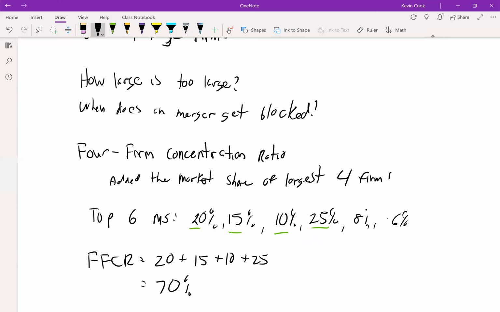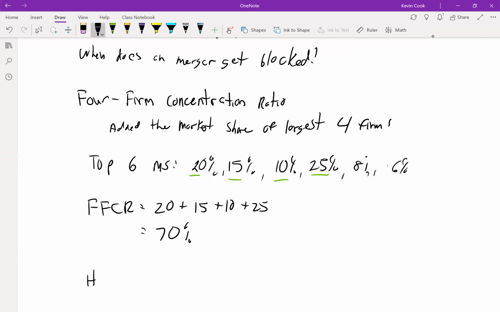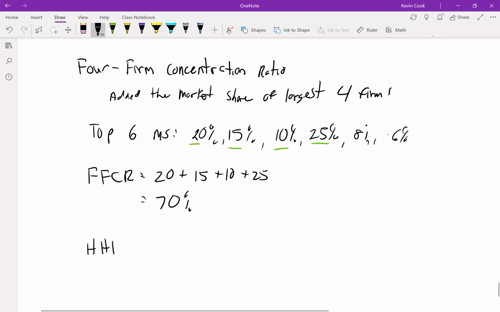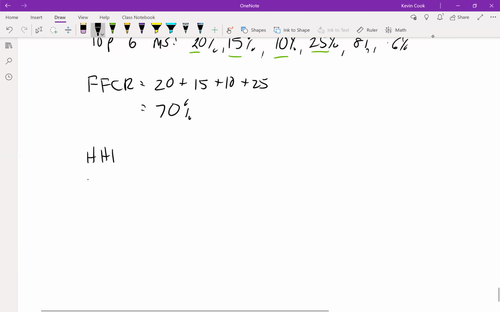So the other case we can look at is what's called the HHI, which is also called the Herfindahl-Hirschman Index. So with this, what we do is we'll find our firms. So we'll have a firm, and they'll have a market share. And then we'll take their market share and square it.